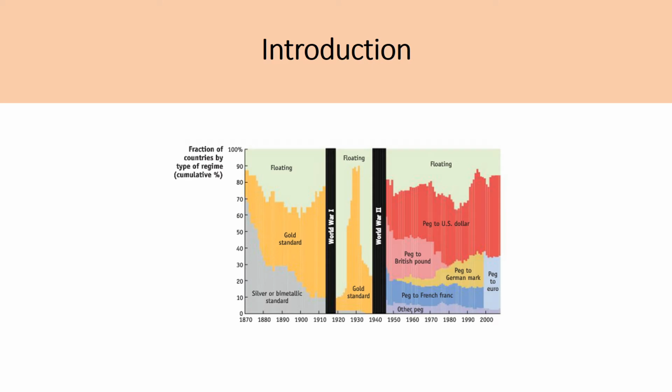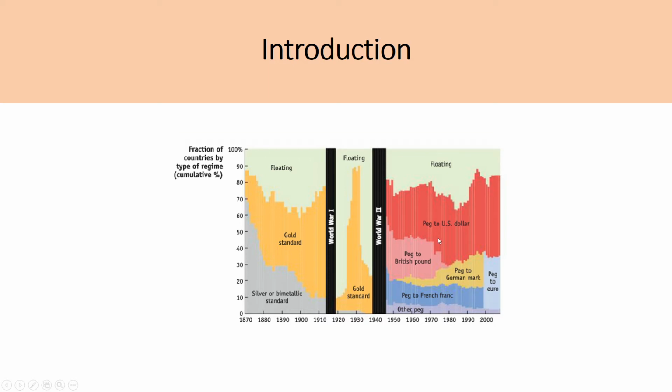Okay, so here's an illustration of the different time periods between 1870 and the 2000s, and the adoption of floating versus gold standard. And of course, in the 1800s, there's also silver, which was being used as a currency. And you can see that the gold standard was very popular, even post-World War I, where the global economy was in chaos, and so a lot of people had adopted the gold standard.